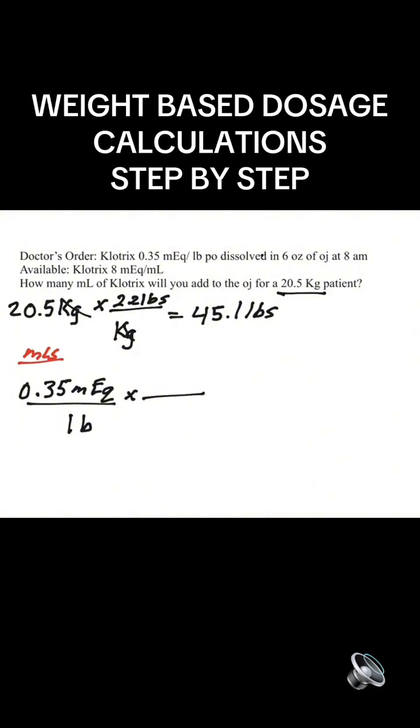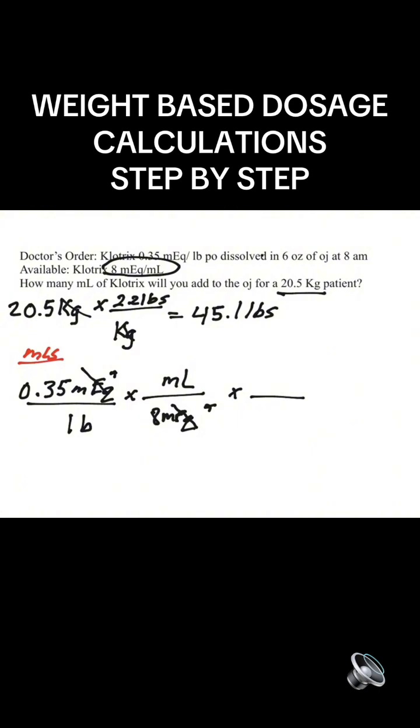We have milliequivalents on the top, so we're going to add milliequivalents on the bottom. So we see our milliequivalents right here is 8 milliequivalents per 1 mL. So milliequivalents is going to cancel out, and we're going to be left with pounds and mLs.